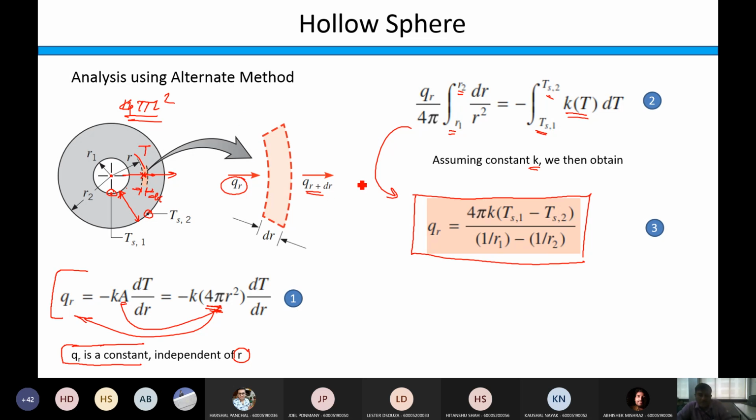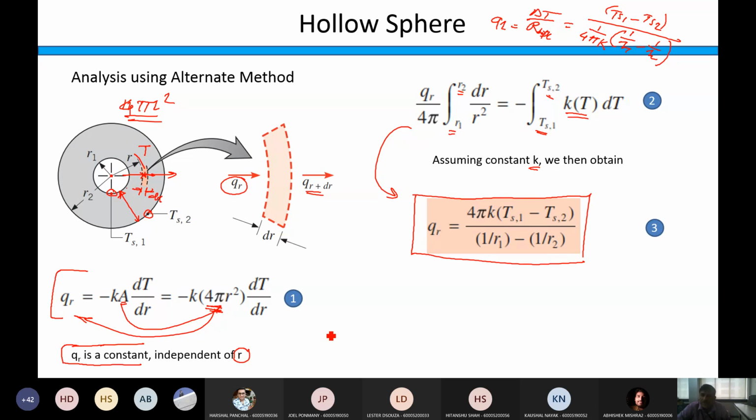Now, if I want to write this equation in the familiar mode, like delta T by R total, or R thermal, the same expression I write as (Ts1 minus Ts2) divided by 1 upon 4 pi k into bracket 1 upon r1 minus 1 upon r2.